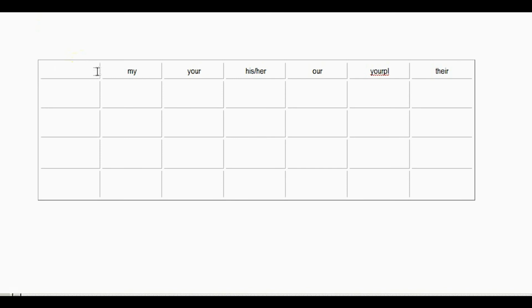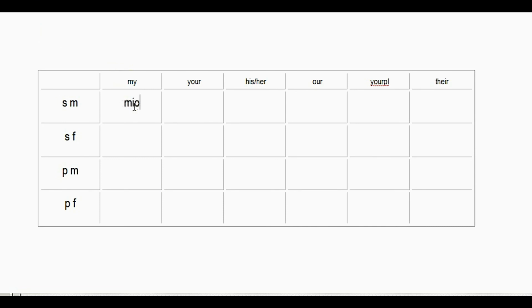And in the vertical we have singolare maschile, singolare femminile, plurale maschile, plurale femminile, whichever way you want that makes it easier for you to remember. And now let's fill up the individual cells.